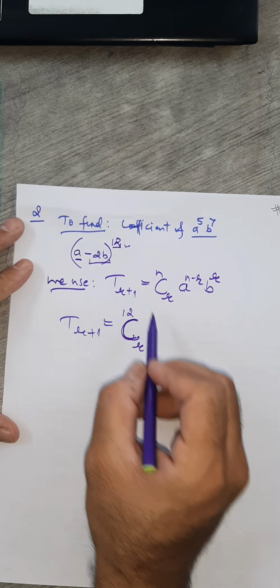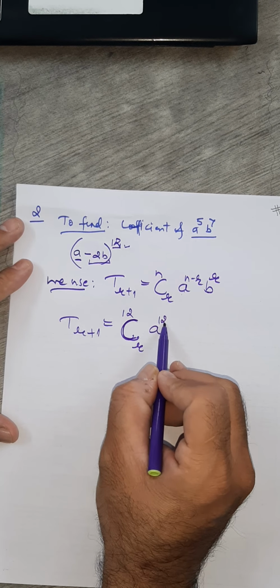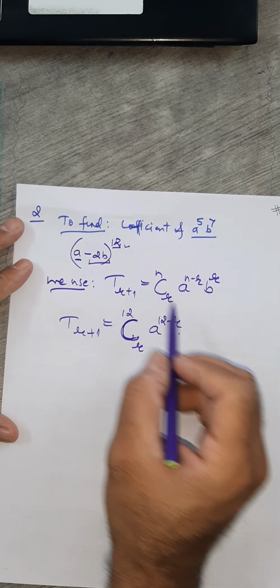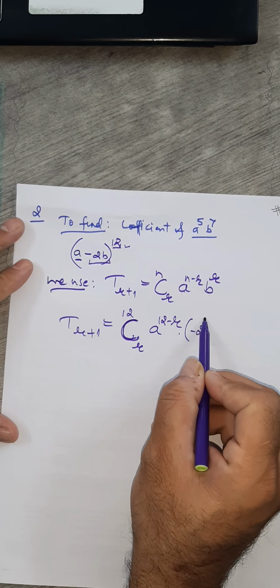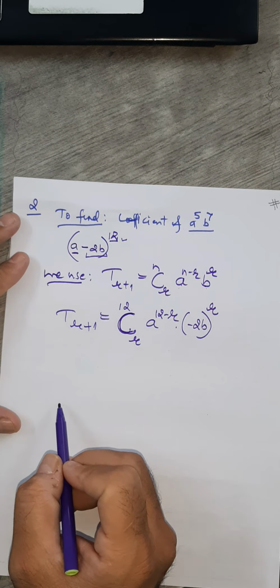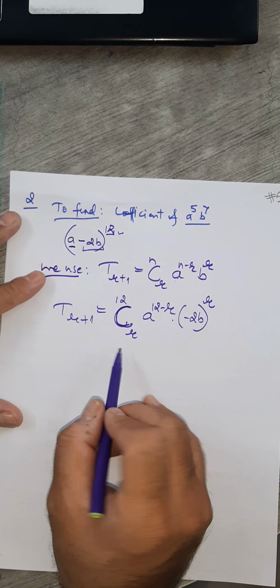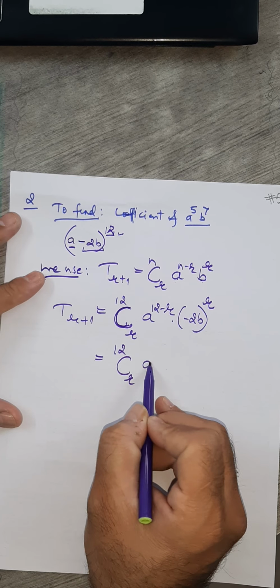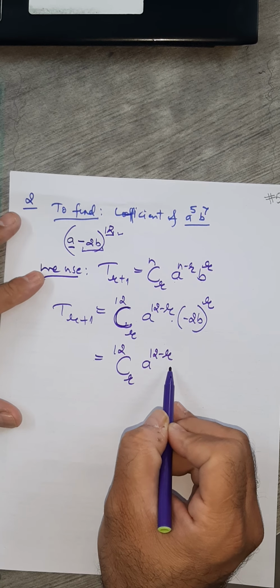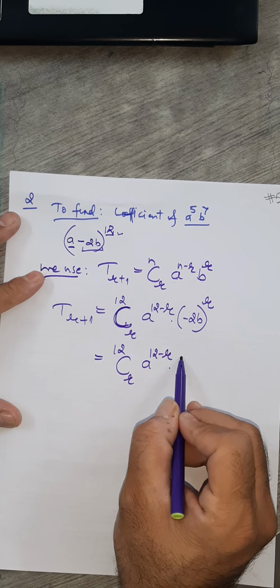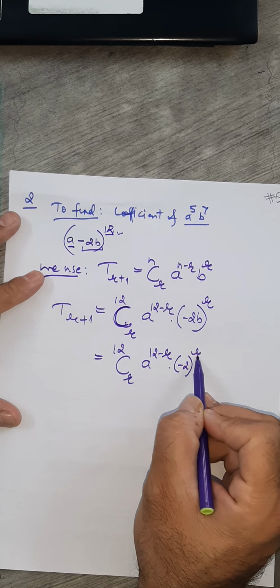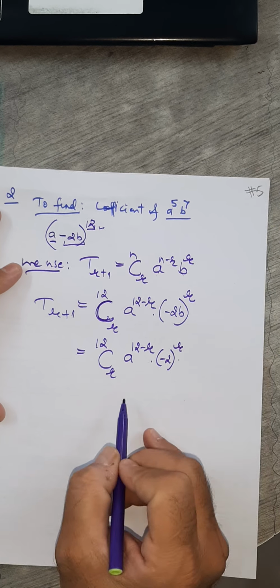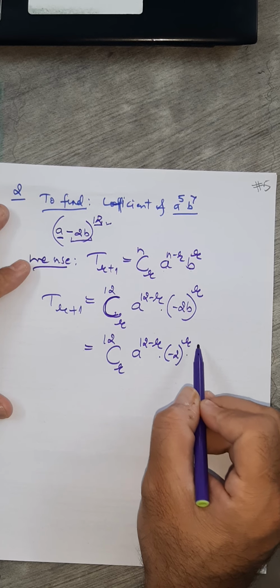What is A? A is a. So here 12 minus r. What is B? That is minus 2b, minus 2b raised to r. Fine? Okay. Now I can just rewrite like this: 12Cr a raised to 12 minus r into, you can write minus 2 raised to r, just separating the powers, into b raised to r.